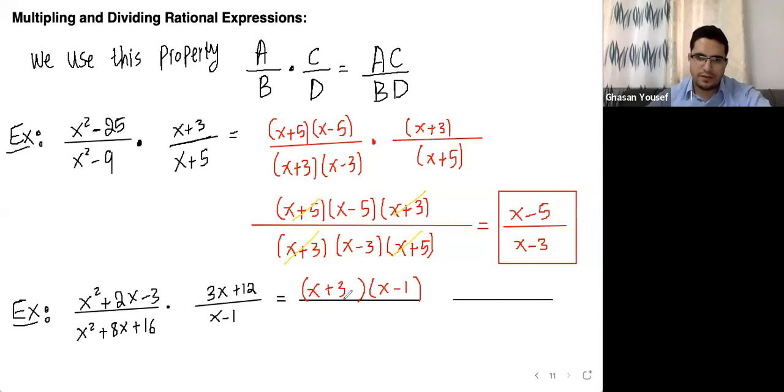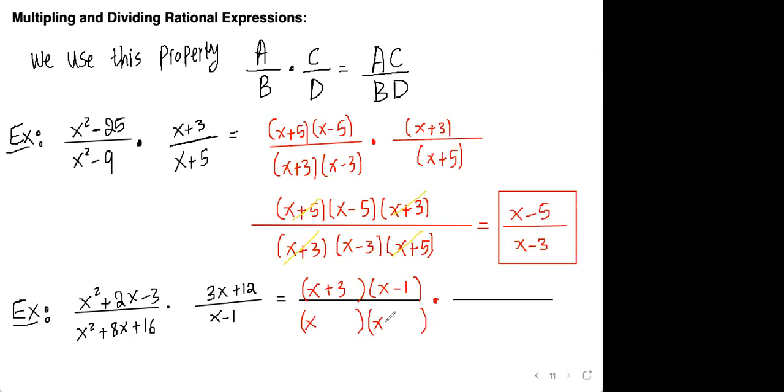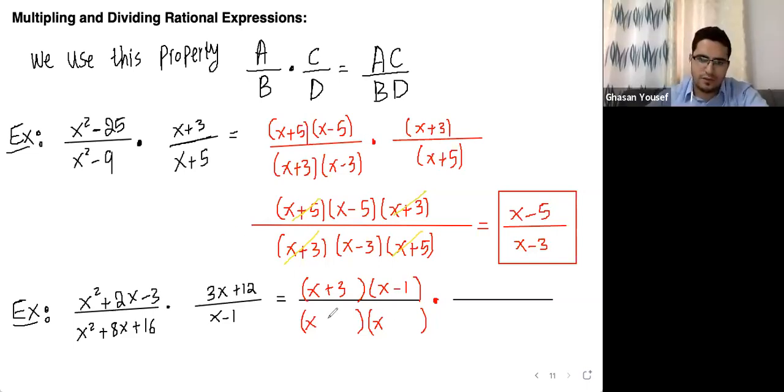Now in the denominator, open two parentheses. I have x and x. What two numbers multiply to get 16 and sum to 8? Plus 4 and plus 4. So x plus 4, x plus 4.